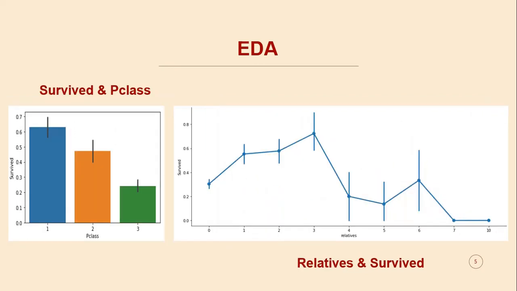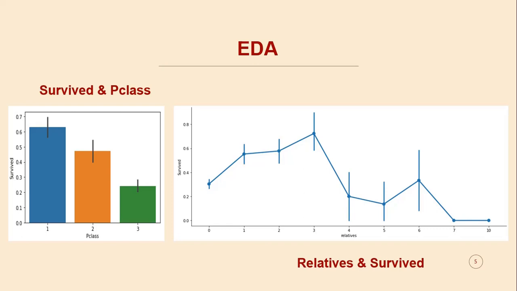As we have discussed earlier, the population of passenger class 1 survived in a huge number as compared to passenger class 3. Here we also have an interesting graph that shows the relation between relatives and survived.